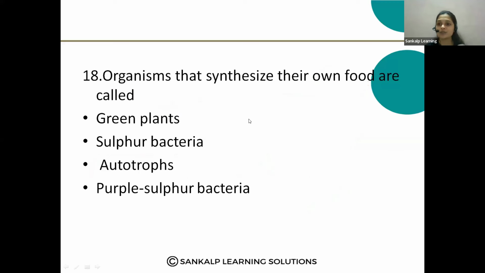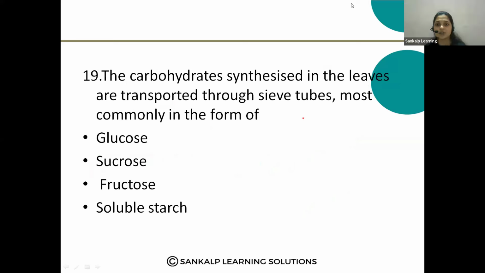And organisms which depend on other organisms for their food, what are they called? Heterotrophs. Yes, heterotrophs, correct answer. Next question. Note down the question.